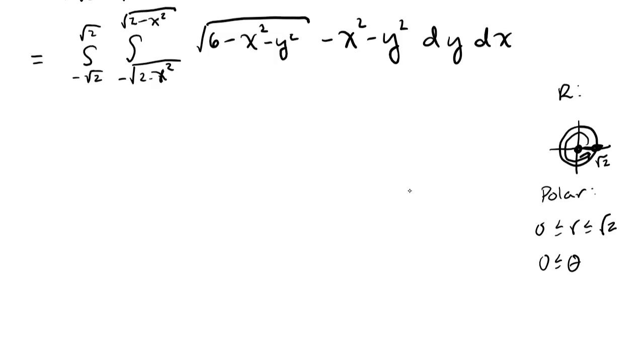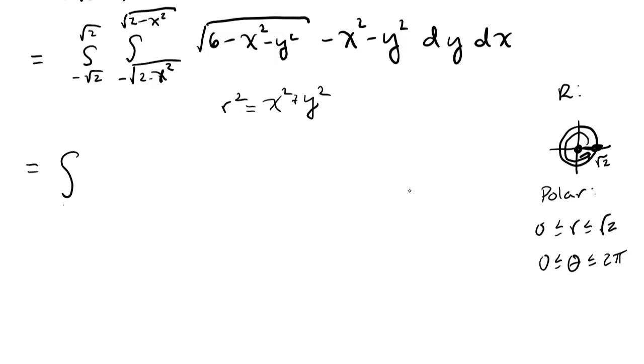So theta goes from 0 to 2 pi. And then on the inside, we can either sub in x is r cosine theta and y is r sine theta, or we can recognize the x squared plus y squared. So r squared is x squared plus y squared.